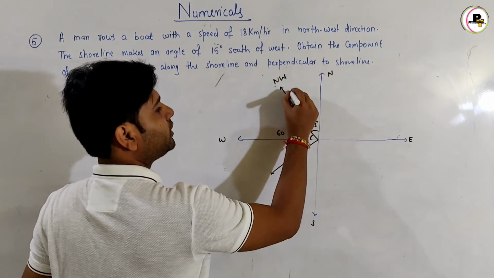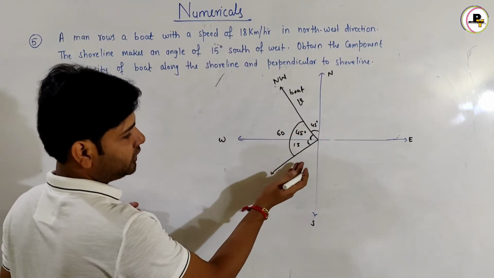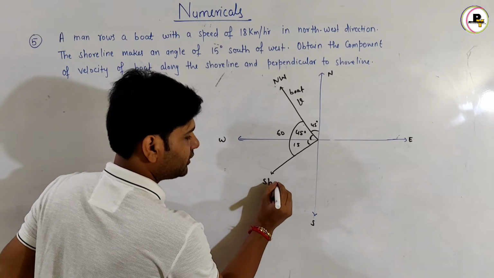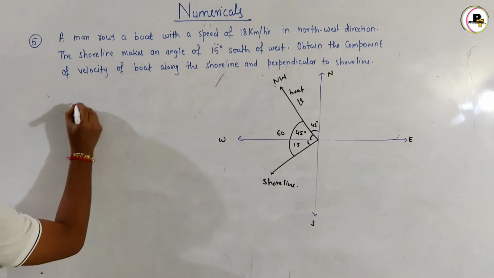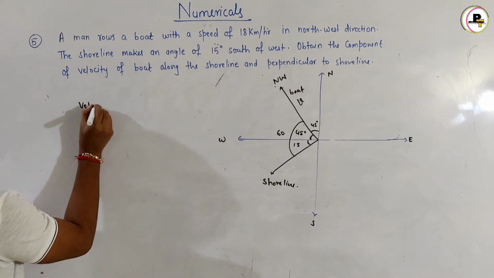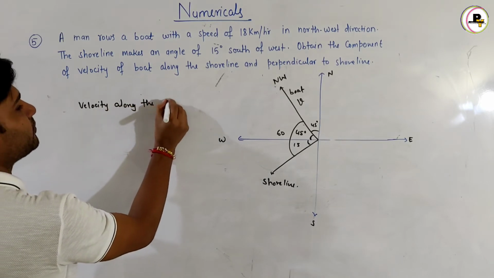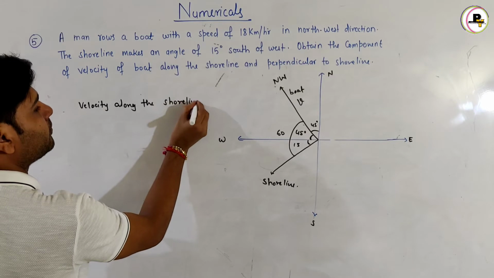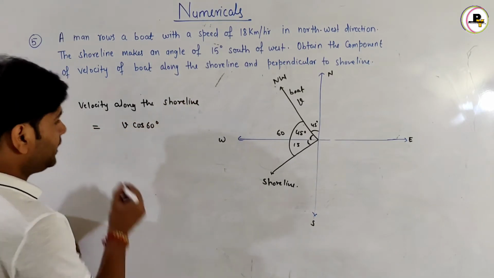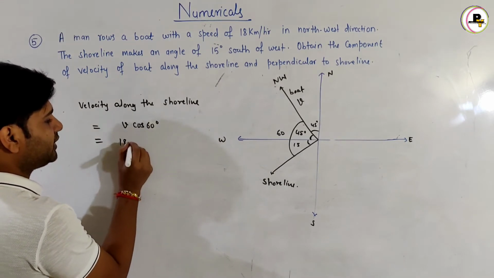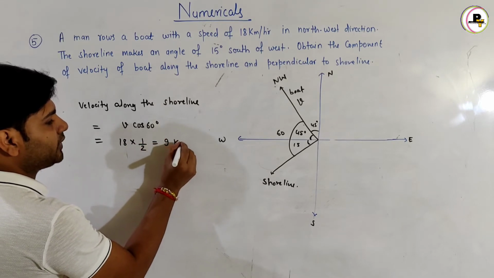Let the velocity of the boat be v. This is the direction of the shoreline, so its velocity along the shoreline is equal to v cos 60 degree, and v is 18, and cos 60 degree is 1/2, and therefore we get 9 km/h.